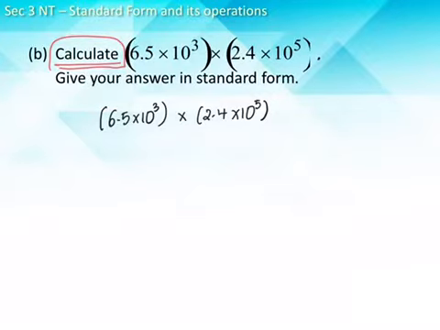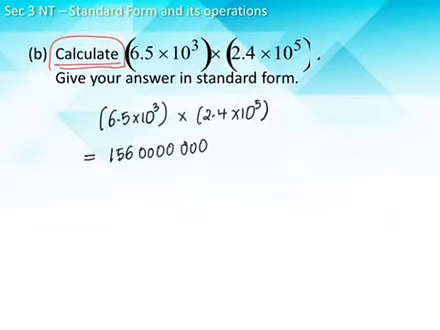So we are going to calculate this using our calculator, and we can get 156,000,000,000. Wow, so many zeros. 1, 2, 3, 4, 5, 6, 7 zeros, correct.